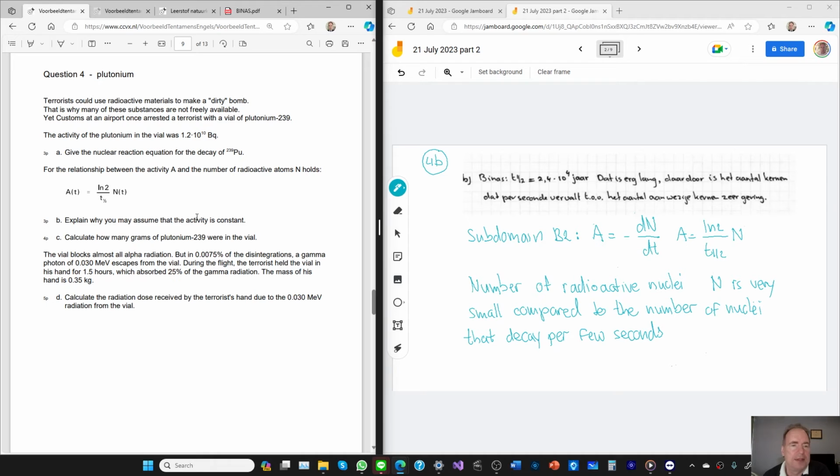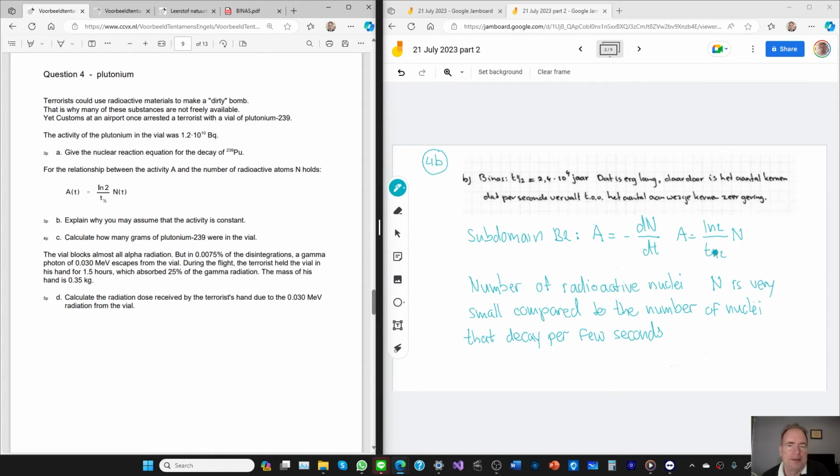What I don't really like about this question is they don't say constant over which time period. If you talk about a few seconds, then the number of decaying atoms is just this A multiplied by, say, 10 seconds. And 10 seconds is very small compared to 2.4 times 10 to the power 4 years.